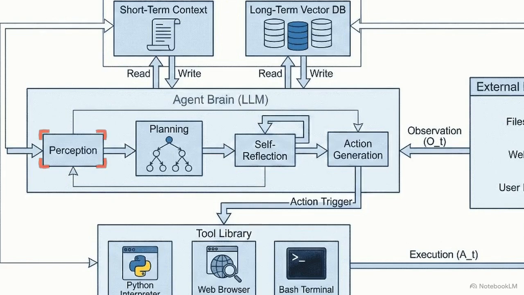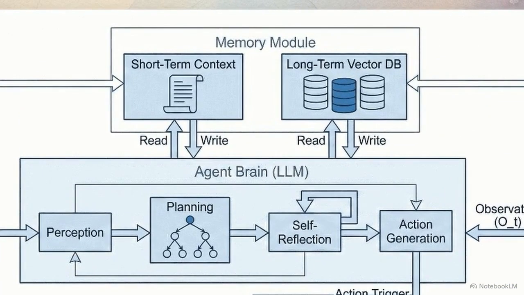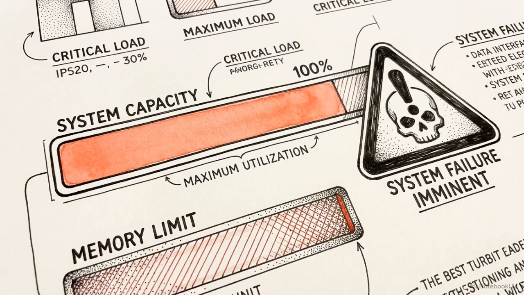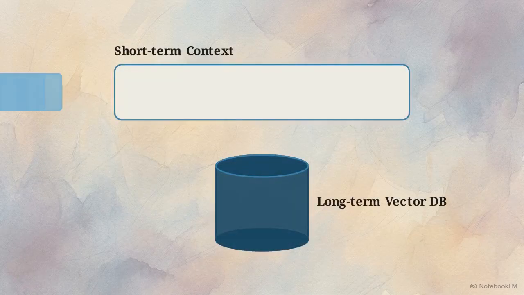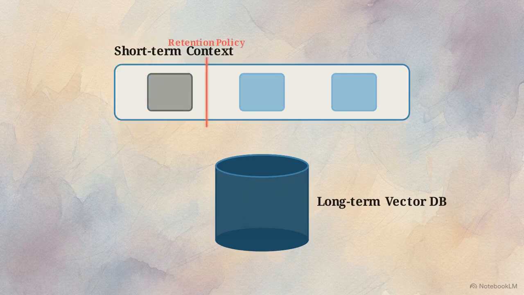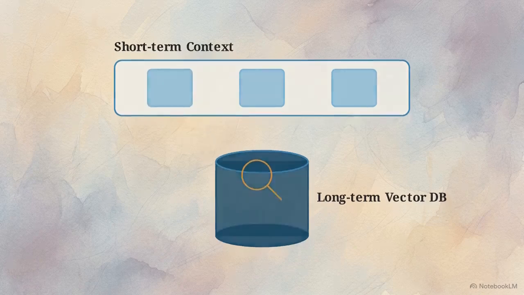to ground themselves. Once an observation is made, the system uses a memory update mechanism to maintain a mutable internal state. Relying solely on the model's short-term context window quickly leads to token exhaustion. Modern architectures solve this using explicit retention policies, paging out older data to long-term vector databases, and retrieving it only when strictly relevant.